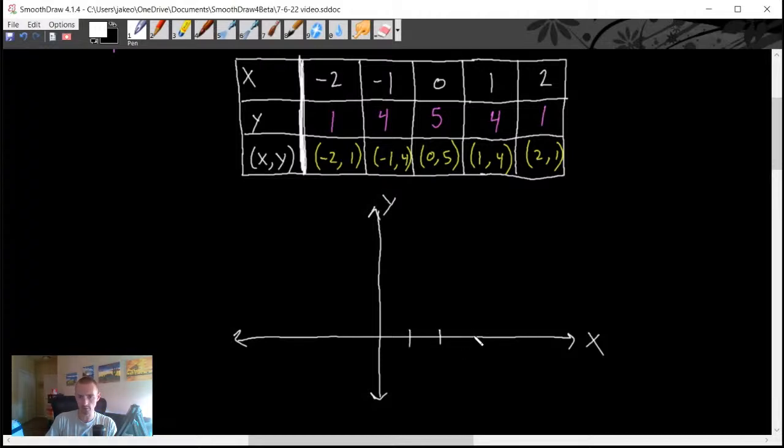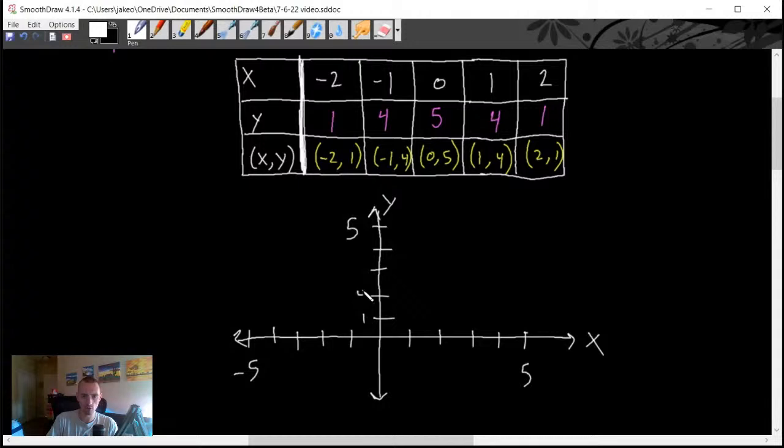It doesn't have to be perfect, but we can see that all of our x values are between -5 and 5, so I'll just go up to 5 here, -5 over here. Our y values are all positive, so we don't even need to go down to the negative numbers, but I'll just go up to +5.